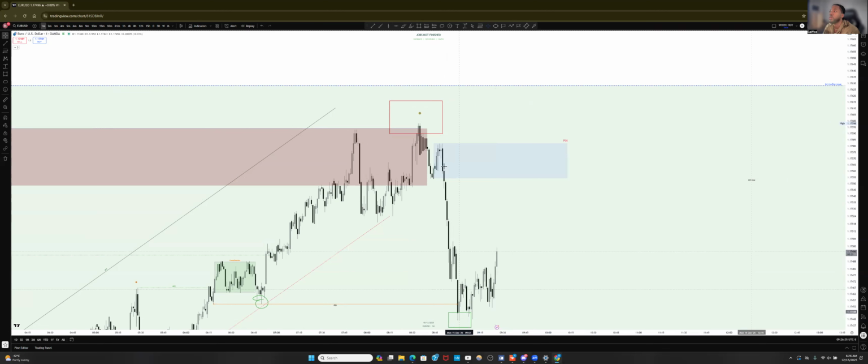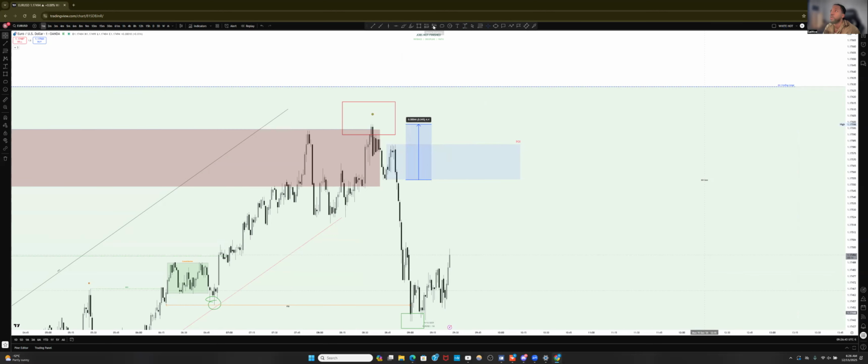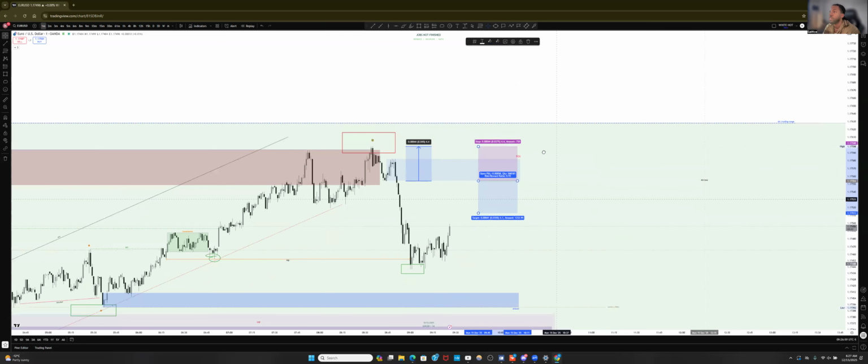Okay, let's see the size of this zone. 2 pip to the high, 4 pip stop loss. Okay, we could potentially see a sell down from here, covering this high. We cover that high for the safety.